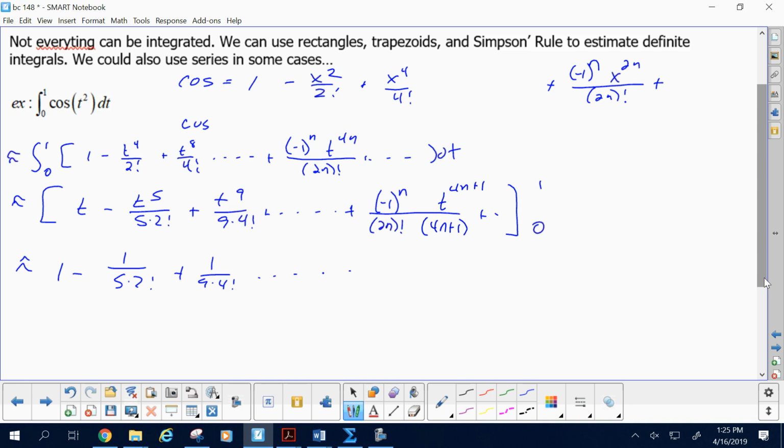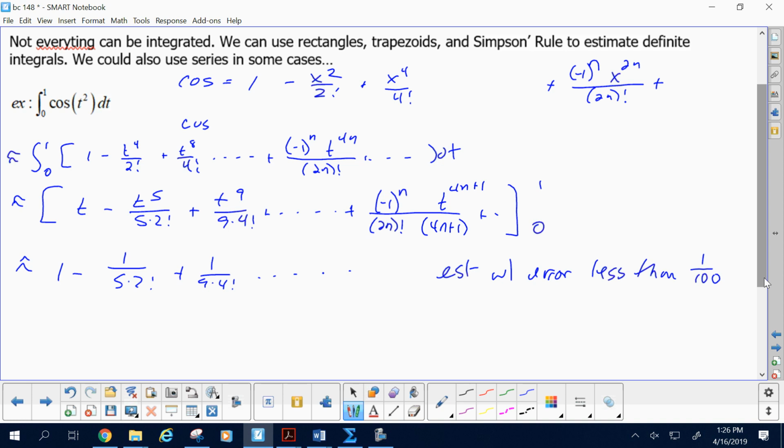Now, I didn't put it in the question, but you can imagine the possibility of saying, estimate this integral with an error less than, if it had been estimate with error less than 100. Are we talking Lagrange here or alternating?